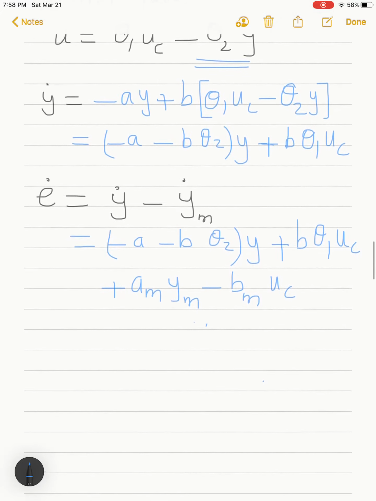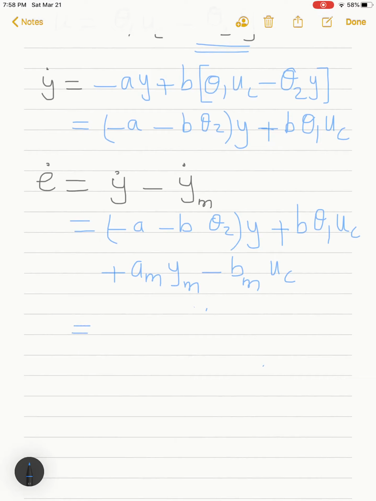Again, I will put together terms that contain y and ym. I will put minus am, y minus ym. This part of the equation contains a new term, which doesn't appear in the equation of y dot, and that's minus am times y. Here we don't have that term, so I have to add am times y in order to leave the equation unaltered.